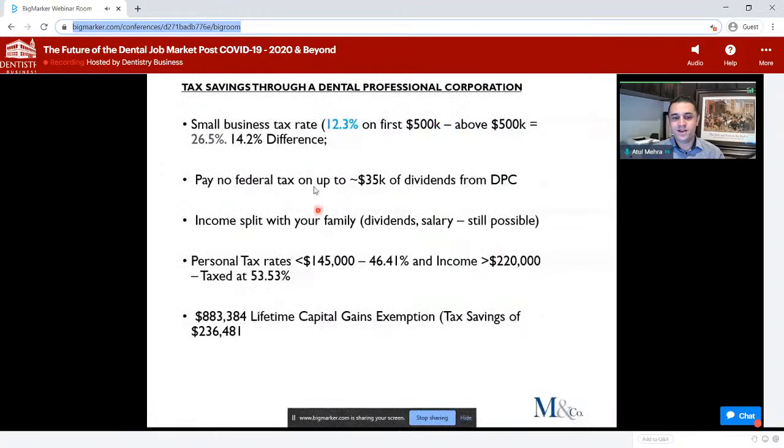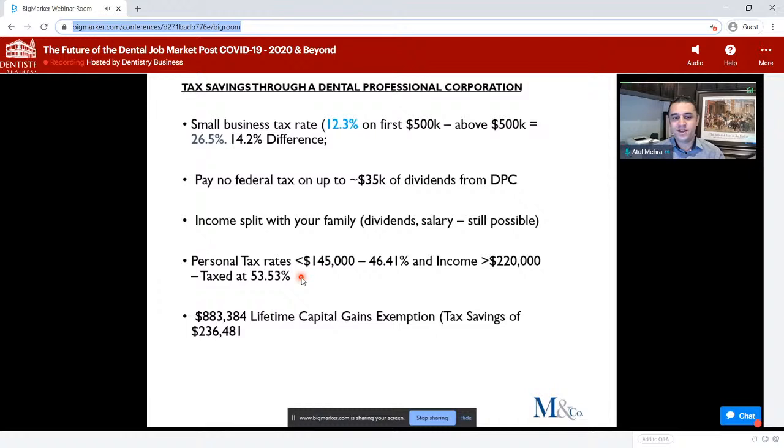So there's a difference of 14.2% between any income earned under $500,000 and over. That's a significant difference compared with the personal side, where any income earned up to $145,000 is taxed at 46%, and anything over $220,000 you're at 53%. So there's a big gap between the two structures. That's what leads into one of the savings opportunities.